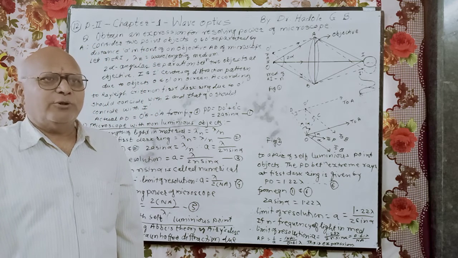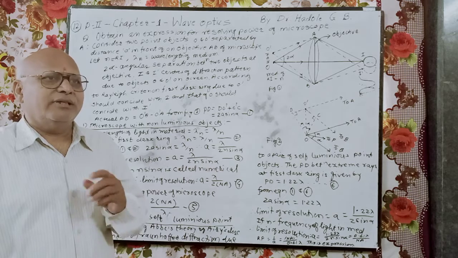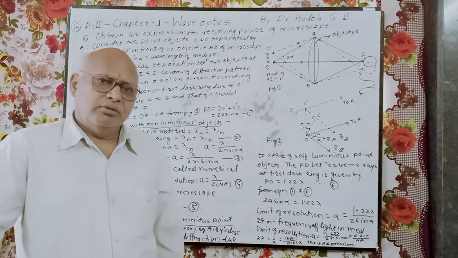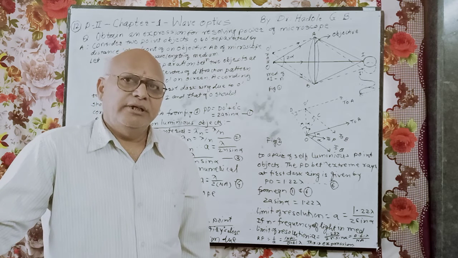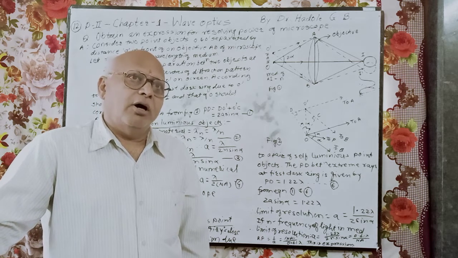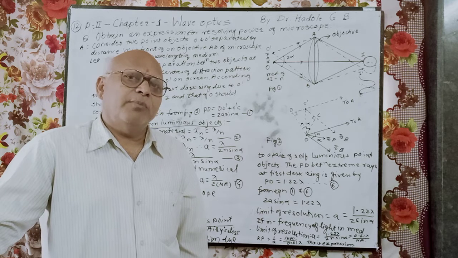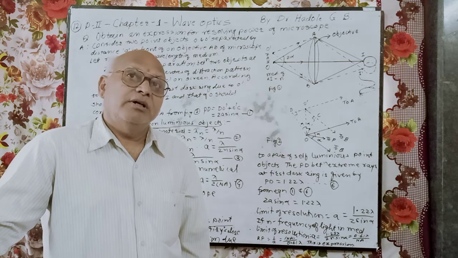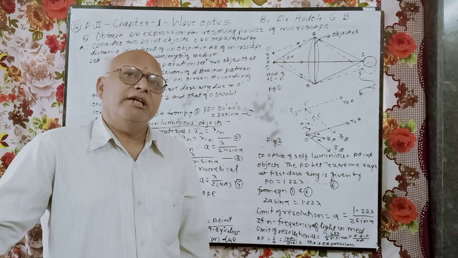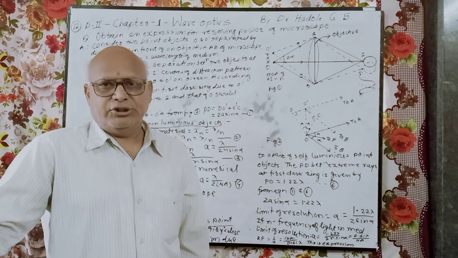But by using a microscope, we are not going to observe them. Even so, we are going to learn the condition produced by Abbe for the resolving power of a microscope for self-illuminated point objects.